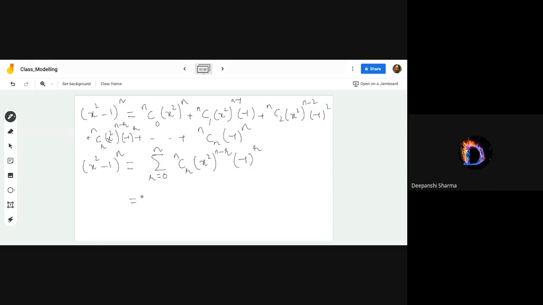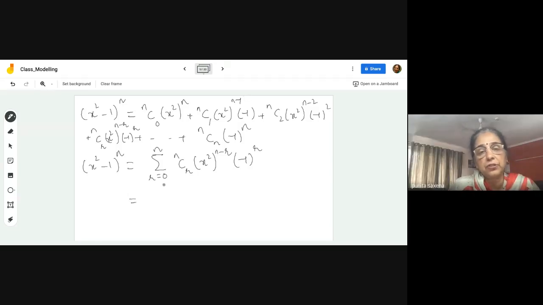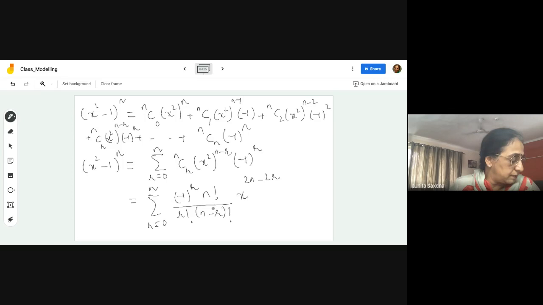Yes, ma'am. I've just given a general expression for this. Now, which is actually nothing but minus 1 to the power r as it is. What is nCr? n factorial upon r factorial into n minus r factorial into x to the power 2n minus 2r, r varying from 0 to n. Is that right?